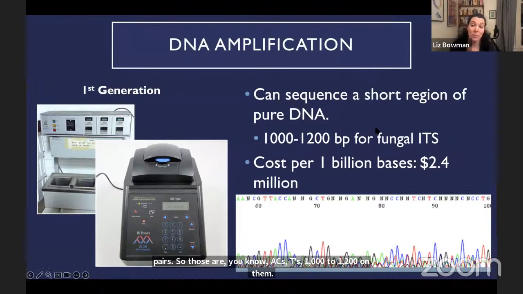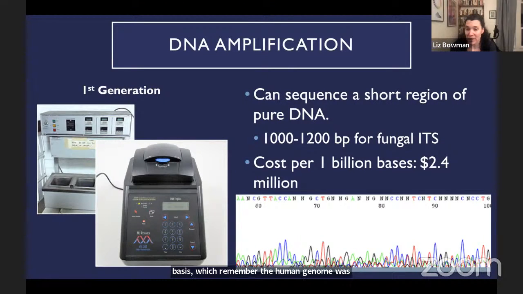For 1 billion bases, and remember, the human genome is about 3 billion bases, roughly, it's $2.4 million per 1 billion bases. So for a human genome, if I was to use this first generation of sequencing, it would be about $7 million. Pretty expensive.